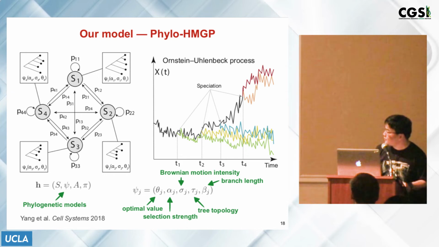So just to give you a sense of what this model is doing, these lines show the hypothetical signals you're trying to measure. In our case, it's the replication timing signals, and t is the time in the course of evolution. At time t1 there's not much change, but at t2 there's a speciation. After the speciation, this black line deviates from the rest.